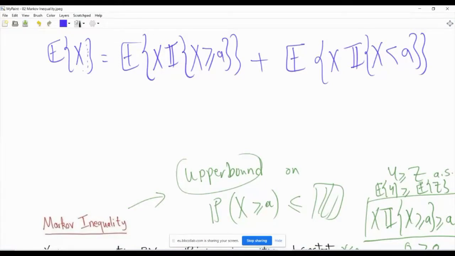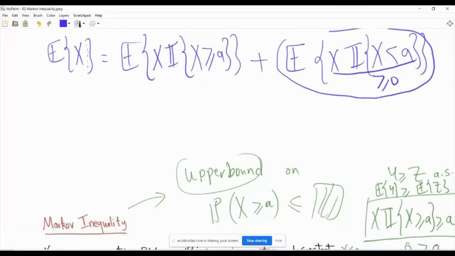Now, we are talking about a non-negative random variable. So this thing here is greater than or equal to 0. And if it's greater than or equal to 0, then this whole thing here is greater than or equal to 0. Now, expected x is equal to this thing plus a non-negative quantity. So to get the expected value of x, you need to add this thing to something non-negative.